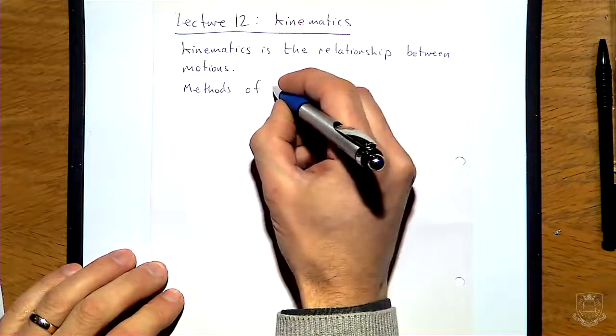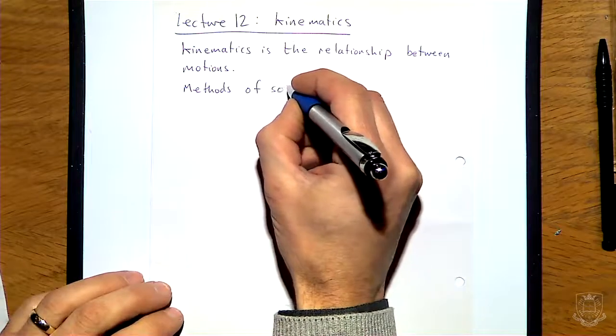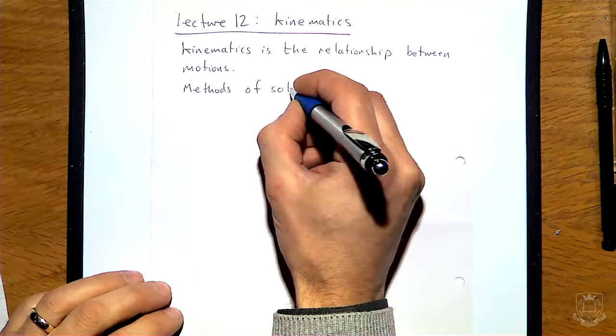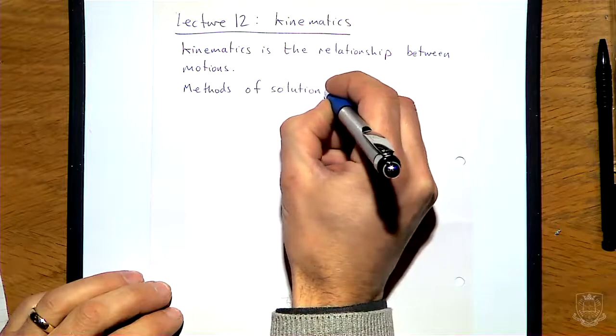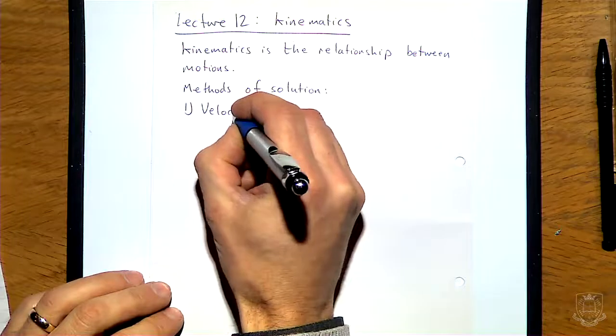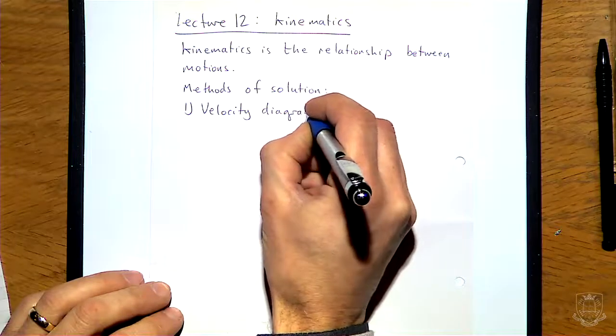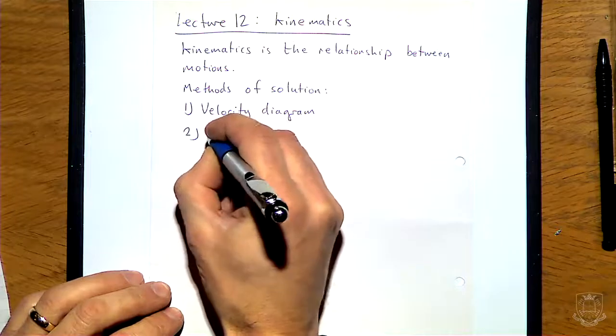And there's several methods of solution, but there's two that you all have come across. One is the velocity diagram. And the second is vector algebra.